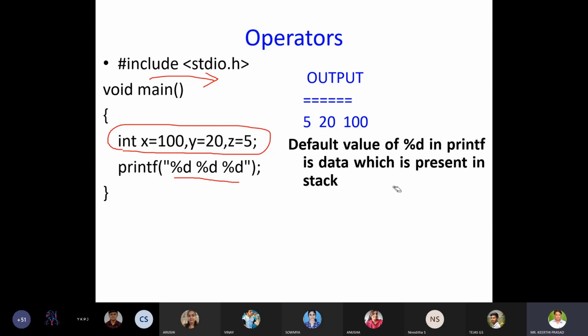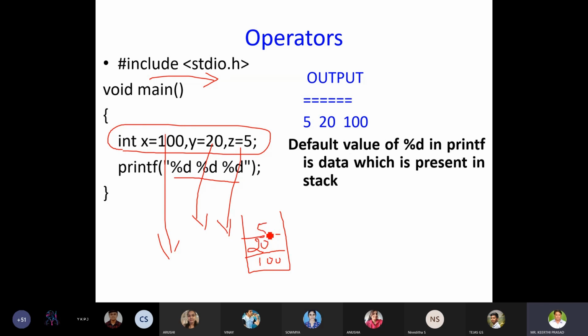The result is 5, 20, 100 because the default value of %d in printf is the data which is present in the stack. What do you mean by that? It represents whatever data is in the stack. So let us try to understand why we are getting 5, 20 and 100. First x will be pushed onto the stack, so we'll have 100. Then y will be pushed onto the stack, so we'll have 20. Then the third, 5, will be pushed onto the stack.